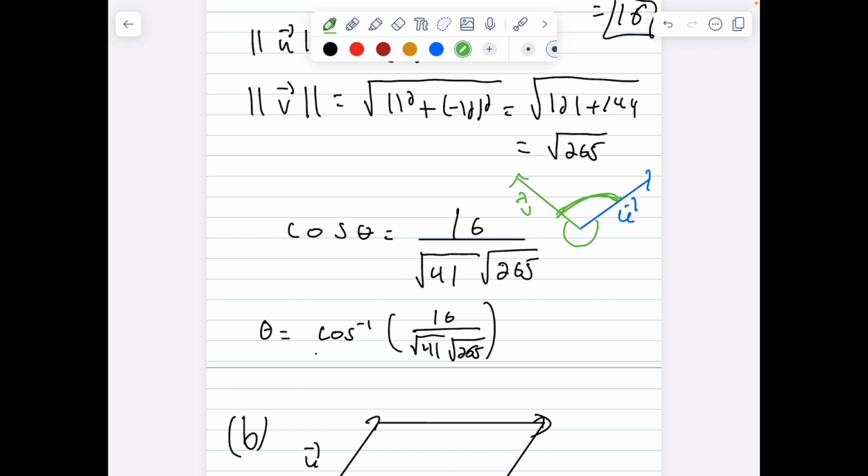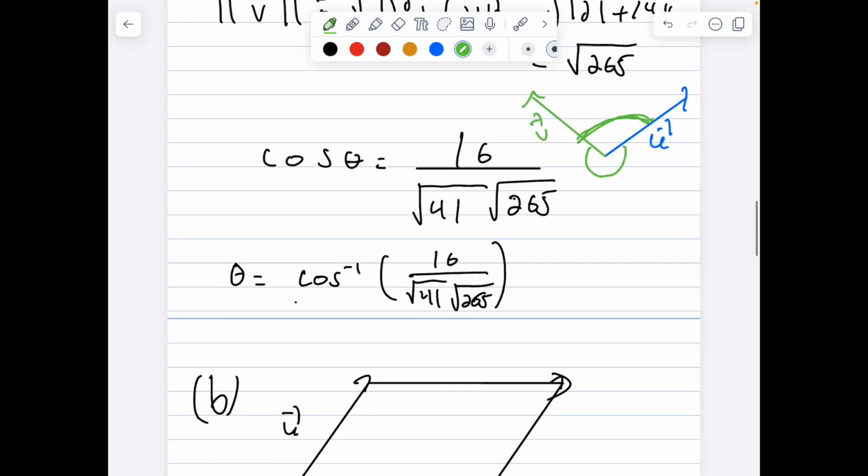When you take the cosine inverse, that's well defined, because cosine inverse gives you something between 0 and 180, inclusive of 0 and 180. It's not going to give you something bigger than 180. So that's why that formula is well defined and works out well for us. You get some angle out of this. This is the exact answer, and if you want to approximate it, by all means, you can put this into a calculator.